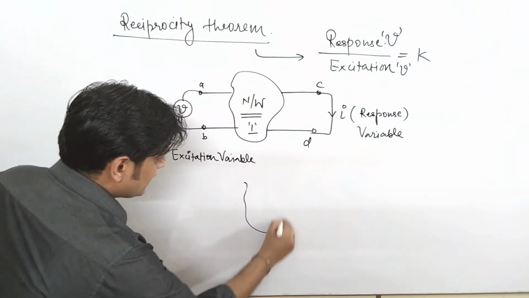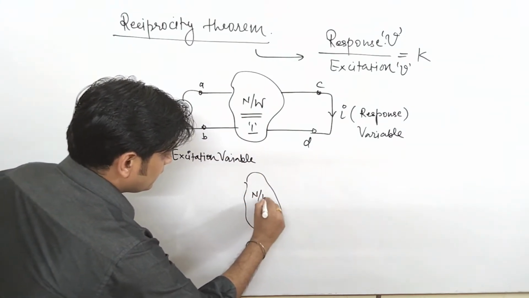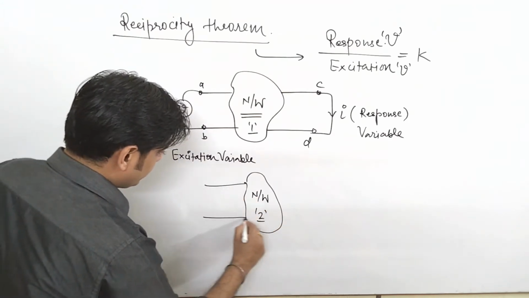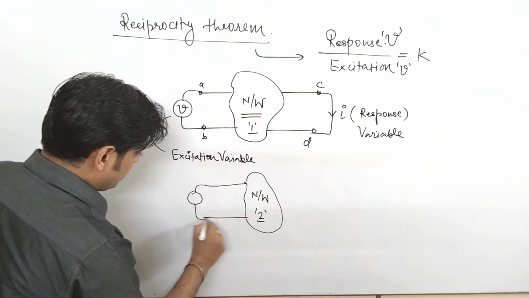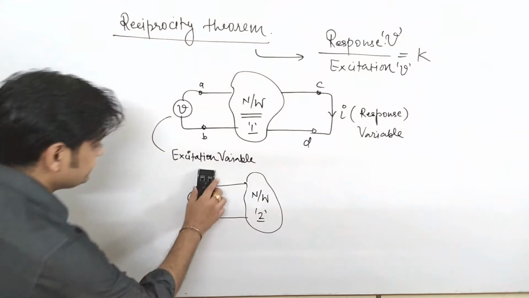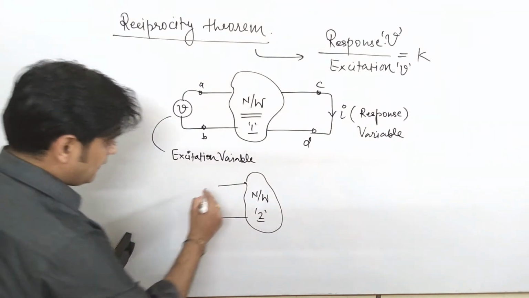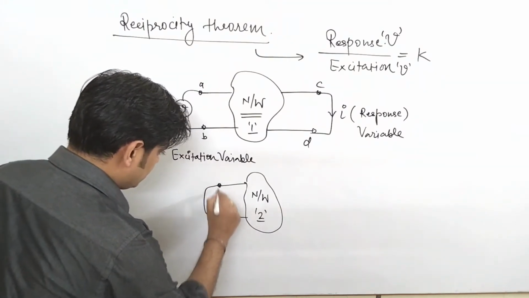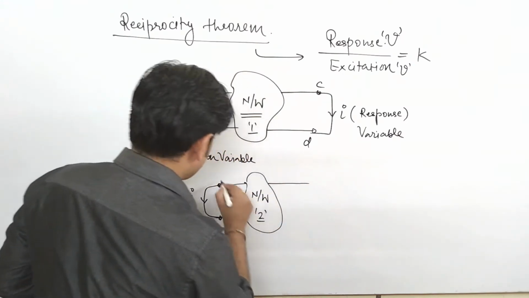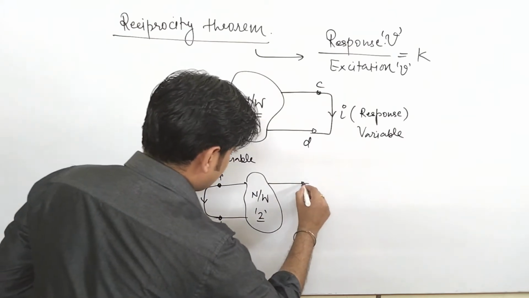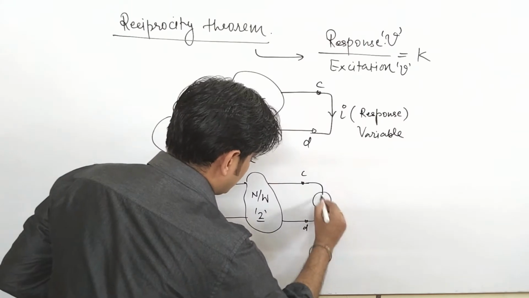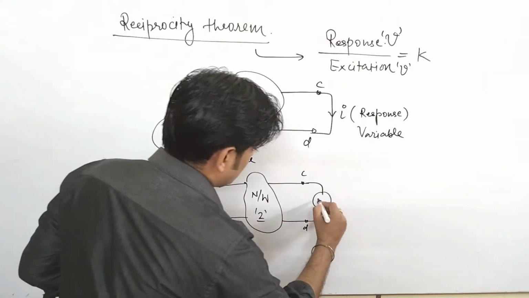It means if I consider this as my network, say call it network 2. Again, this is AB, the terminals remain the same, only you have changed the position of your excitation variable.